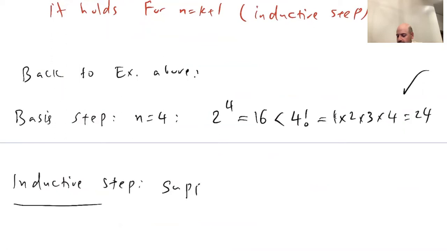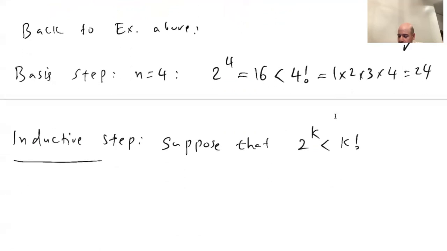Now, inductive step. Suppose that 2 to the power k is less than k factorial, which, as we said, is called the induction hypothesis.